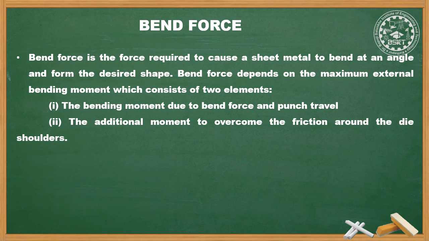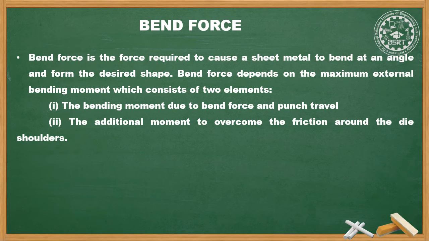Second, additional moment to overcome the friction around the die shoulder. Bend force is influenced by sheet metal properties such as thickness, tensile strength, strength hardening, strength coefficient, tool parameters such as punch radius, die radius, process parameters such as punch displacement and bending angle.